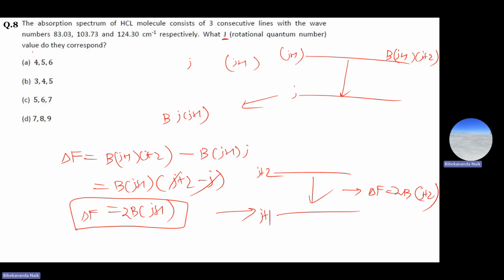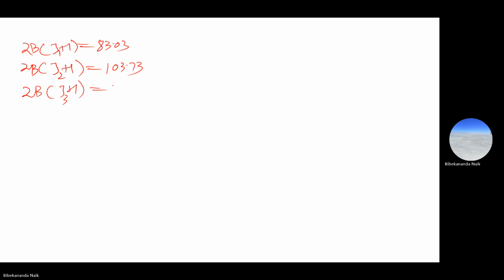Now if you compare this concept with the given values of 83.03, 103.73 and 124.30, it will give us 2B into (J1 plus 1) equals 83.03, then 2B into (J2 plus 1) gives 103.73, then 2B into (J3 plus 1) gives 124.30.